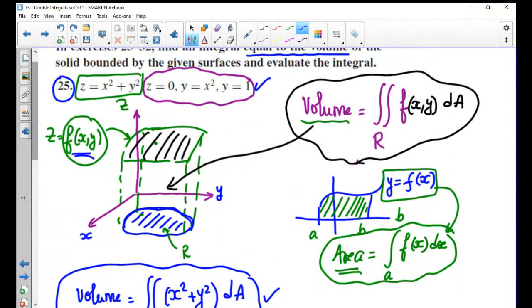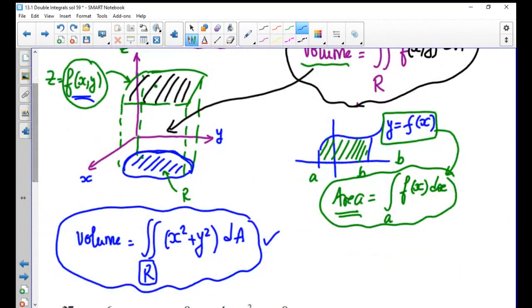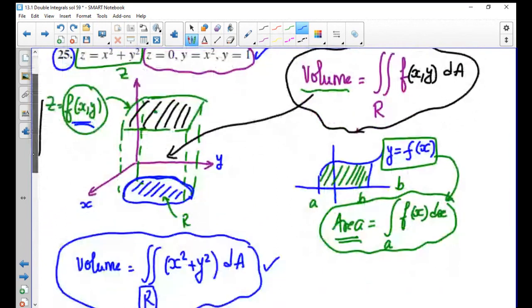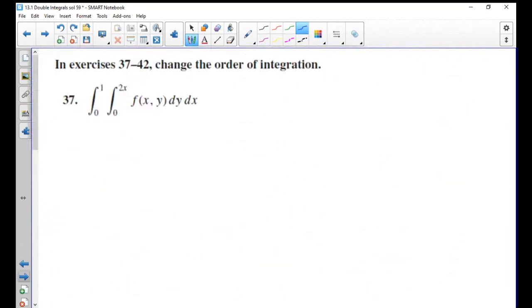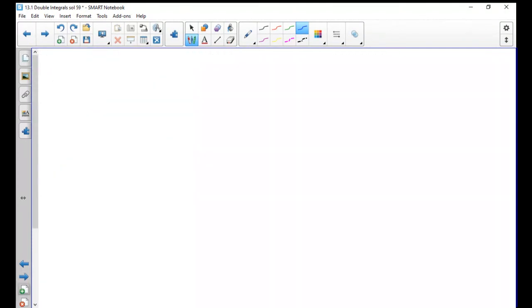The region R is given by y equal x squared and y equal 1. Z equals 0 means we are just on the xy plane. So I want to open a new page.